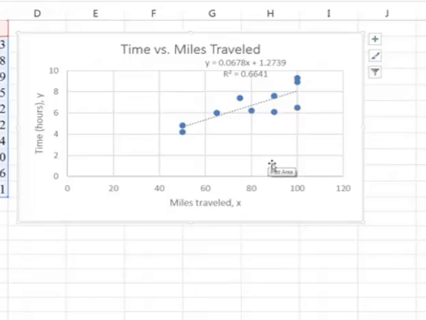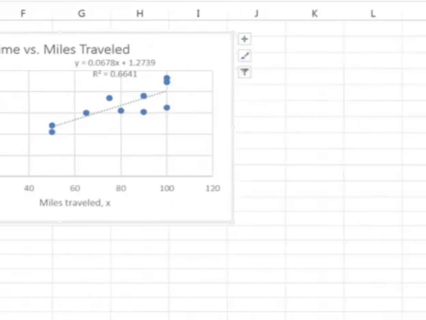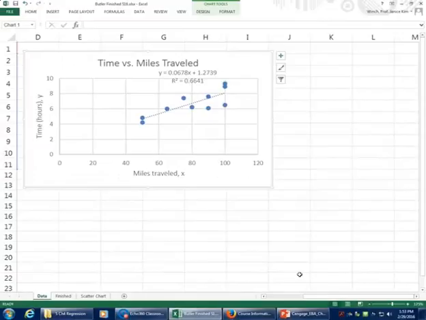Now, anybody know what kind of relationship this is? Positive, negative? Right, positive. So when one goes up, the other also goes up. When one goes down, the other one also goes down. So using this, we should be able to make predictions, and also we discuss the correlation coefficient.